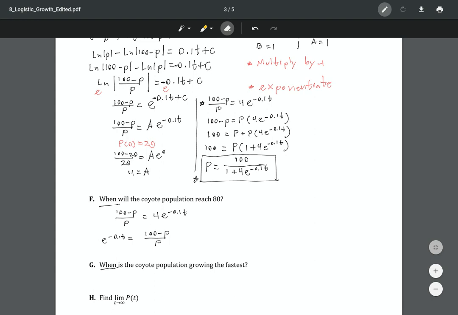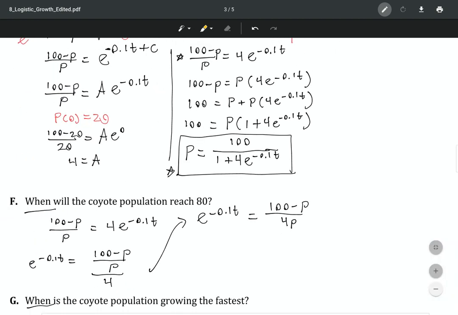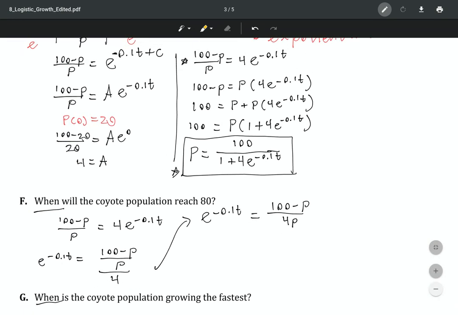So if I divide this by 4, essentially what I'm going to have is e to the negative 0.1 t is equal to this, which will be the same thing as having this, I believe. I sure hope so, because I'm flying blind right now, fellas. This could be completely wrong. We'll find out.